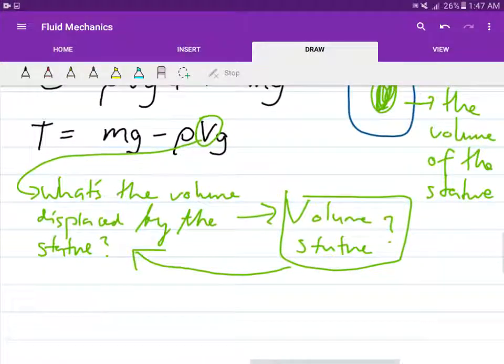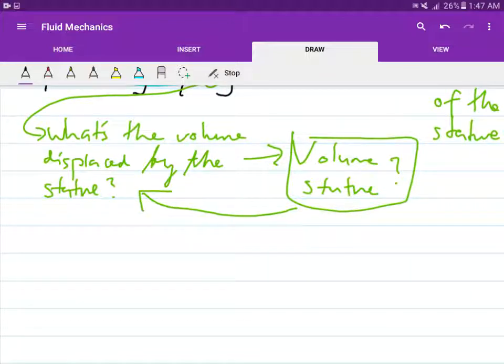So let's pause for a bit in this equation and let's try to find what is the volume of the statue. So volume of statue is equal to, what's that equation? Mass over volume.